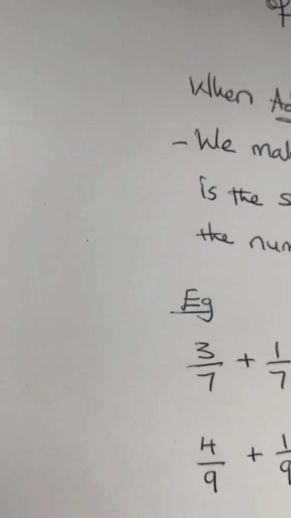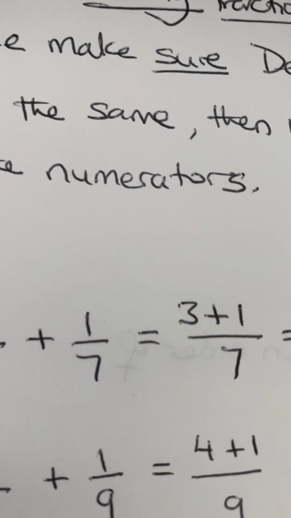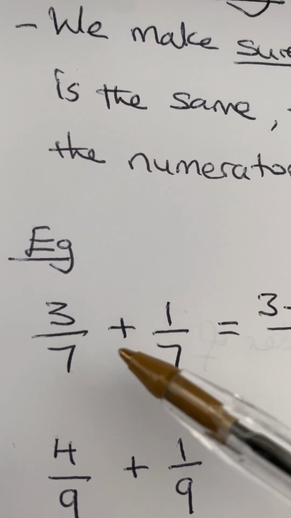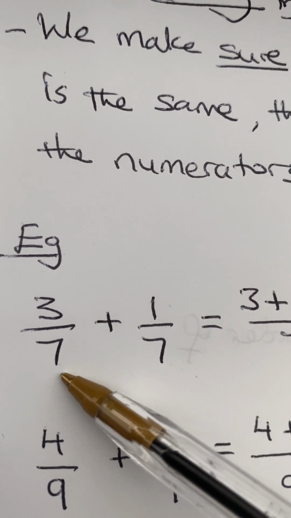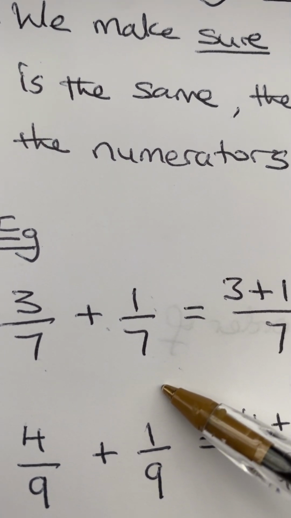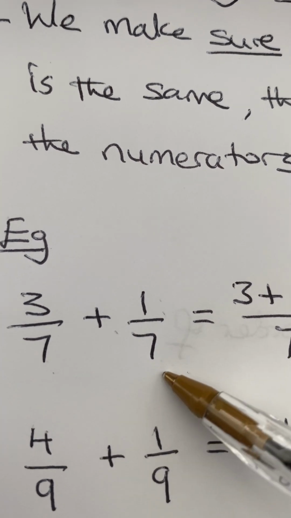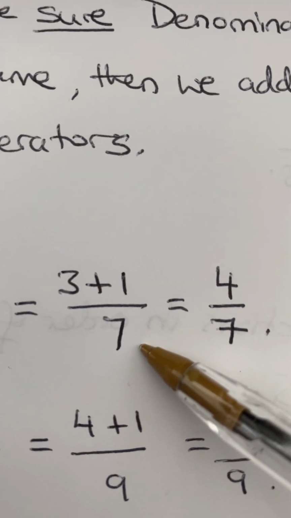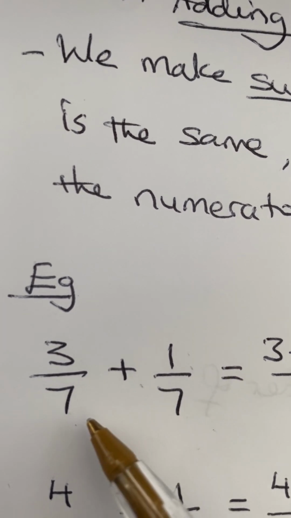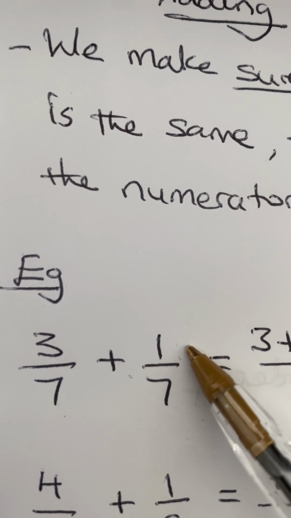Okay, so now look at this example. The example I've given you here today is straightforward. 3/7 add 1/7. The denominators are the same. So when we want to add fractions and the denominators are the same, we just add the numerators.